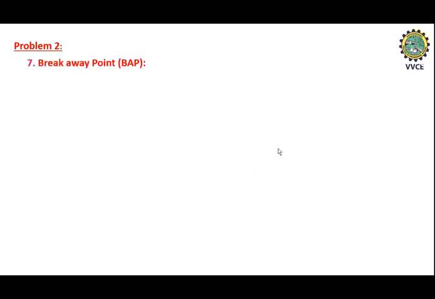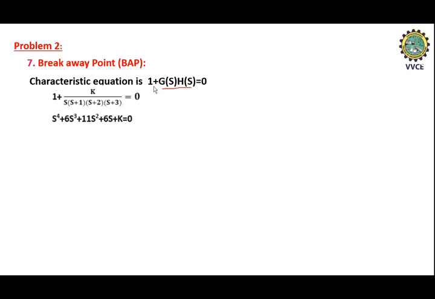Next, breakaway point. In order to find the breakaway point, you need to get the characteristic equation first. Open loop transfer function G(s)H(s) is already given. Add 1 to that, that is equal to 0. So this is the obtained characteristic equation.